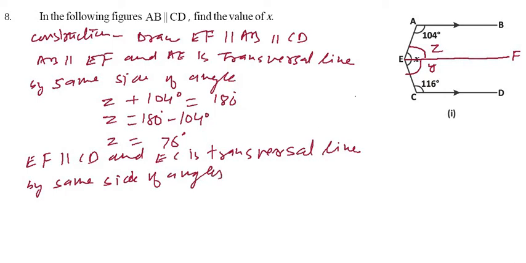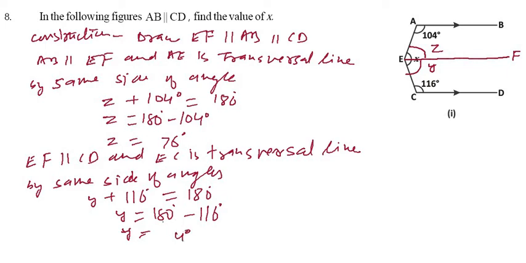So y plus 116 degree will be equal to 180 degree. So y will be equal to 180 degree minus 116 degree. So y will be equal to how much? It is the 10 minus 6, that is the 4. And here is the 7, 7 minus 1, that is the 6.